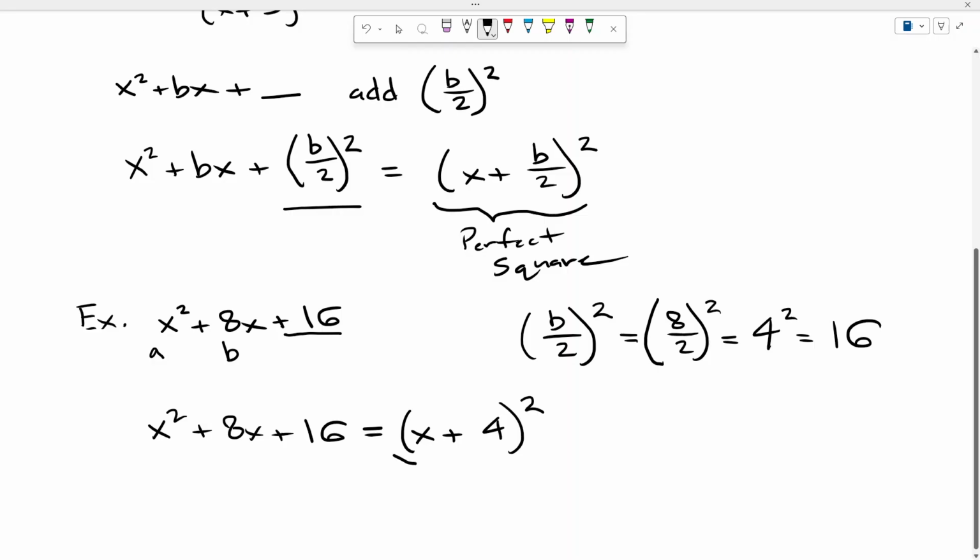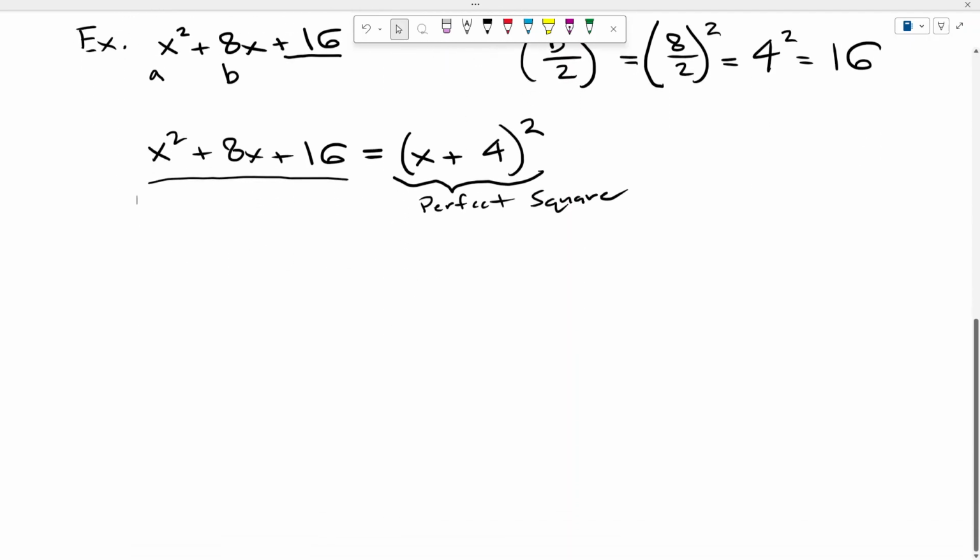So we have here a perfect square, which is just what we intended to do with completing the square. And we can always check: if we take x plus 4 times x plus 4, we do indeed come out to this. Let's try one more. Again, we're figuring out just what constant we're going to add.